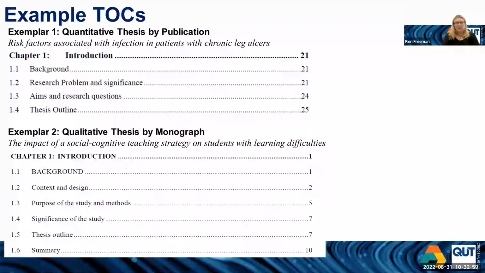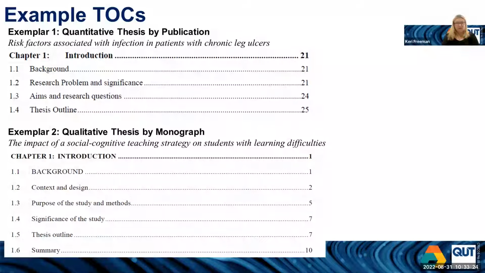It's about 6 pages long. Yep, 6 pages long. Maybe too short. Now, it is a thesis by publication. Whether that makes any difference, probably not. What about the next one? So it's about 10 pages, 10 or 11 pages.